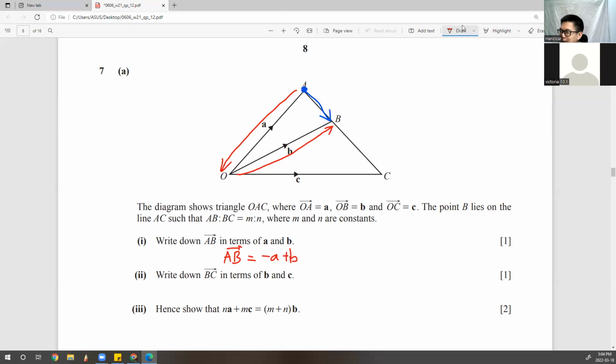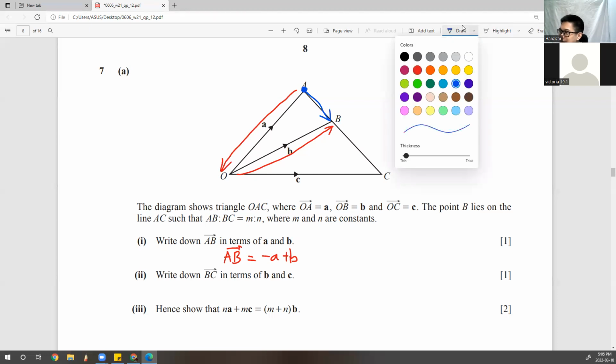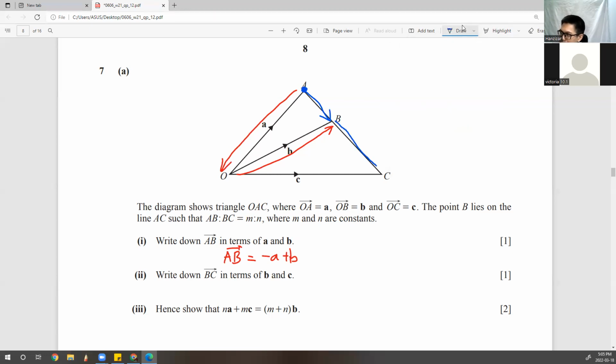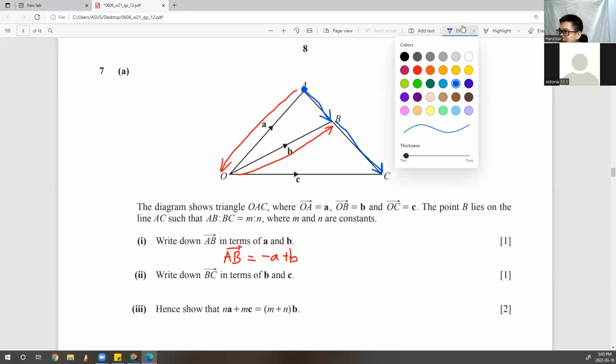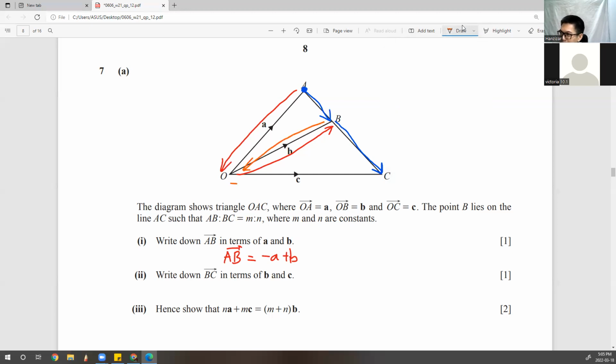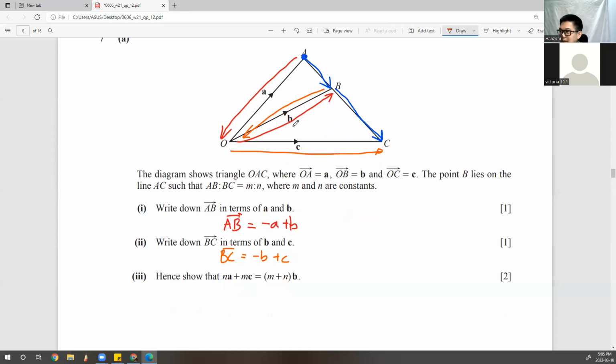And then BC. How do you calculate BC? BC is BO plus OC, or negative b plus c. It's the same. So BC equals negative b plus c. Hence, show that na plus mc equals m plus n times b.